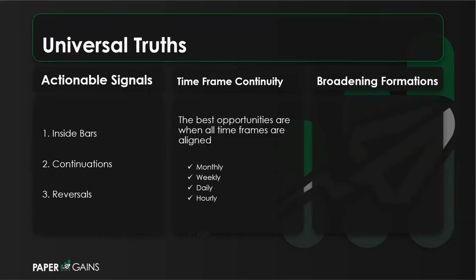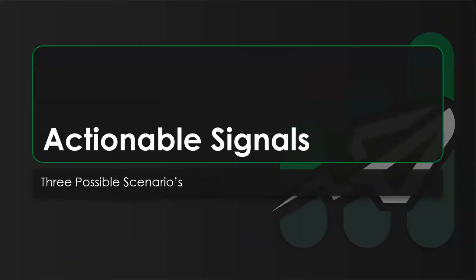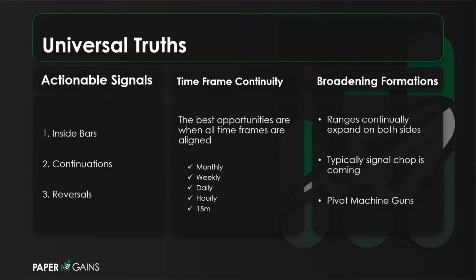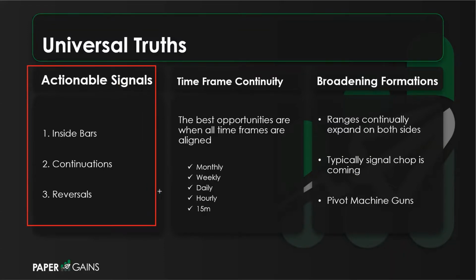I don't know. So these things matter, right? The first thing I want you guys to understand is that you can look for actionable signals on the smaller time frames. And that's going to be for continuations or reversals.